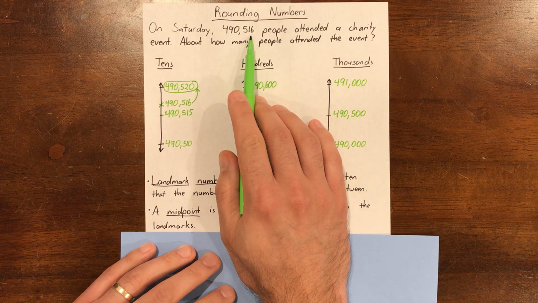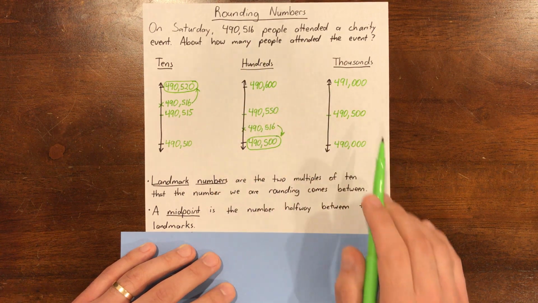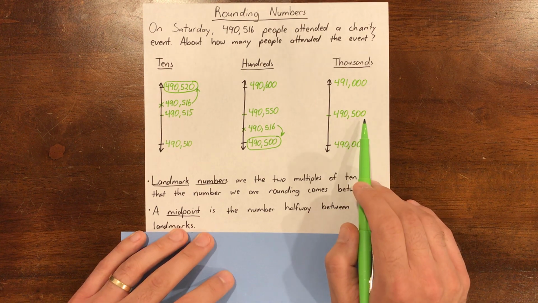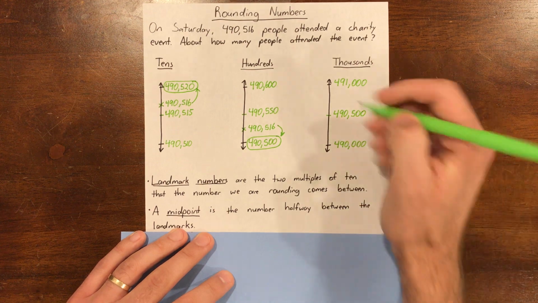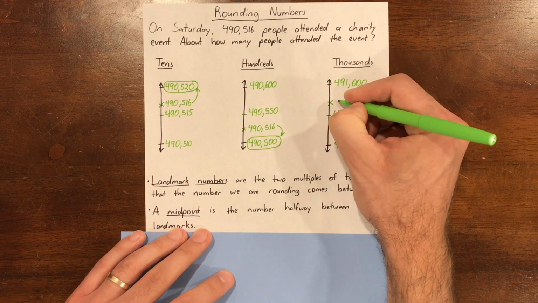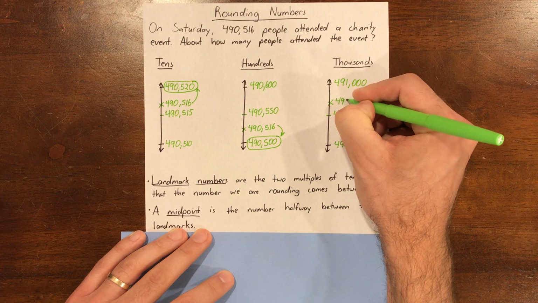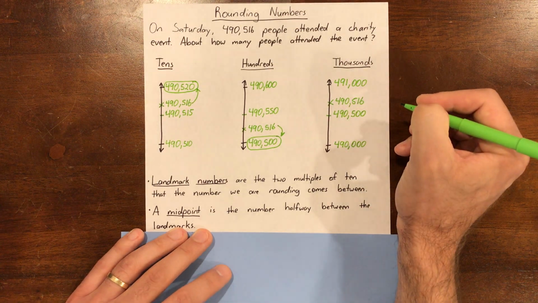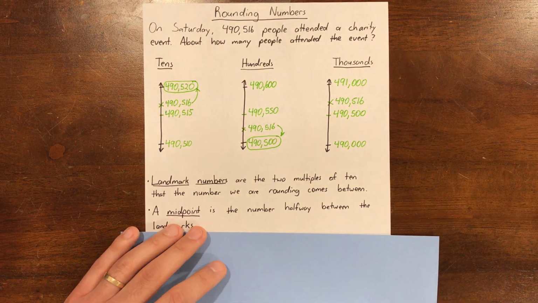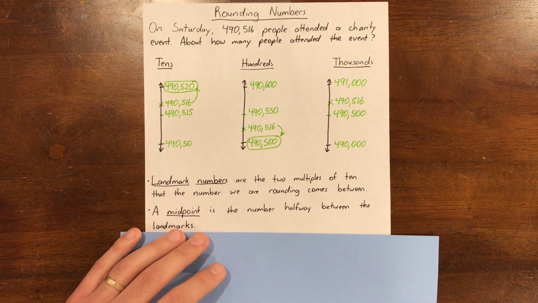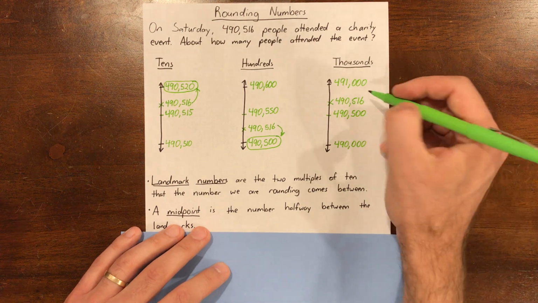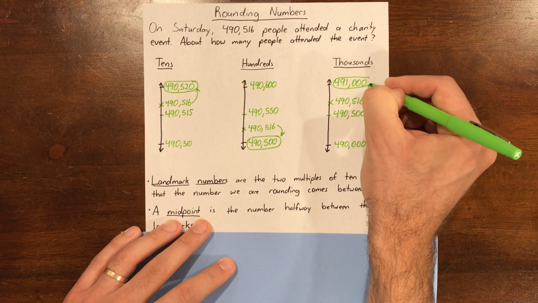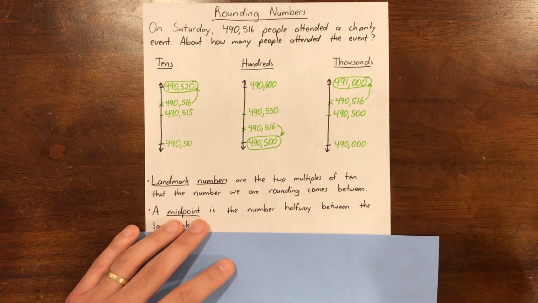And so because of that, we are going to put our number a little bit after the midpoint on this number line of 490,500. I'll go ahead and put it right here. 490,516. Great. So 490,516 rounded to the nearest 1,000 is 491,000. That is the 1,000 that it is closest to.